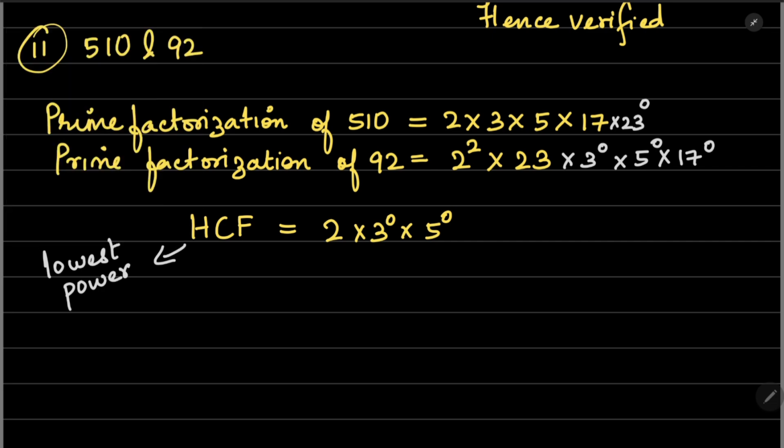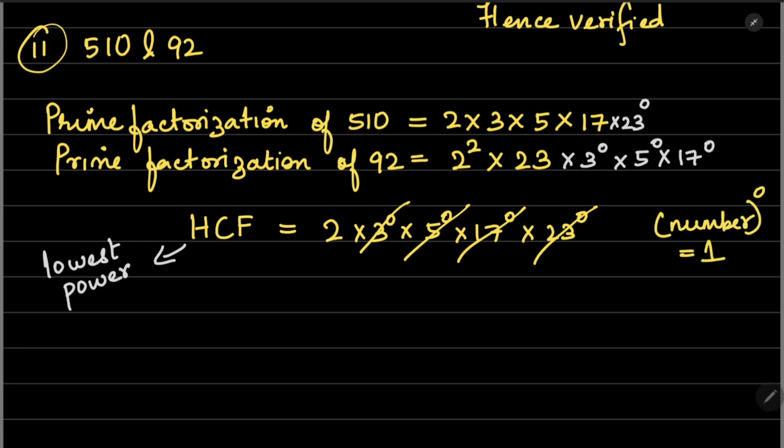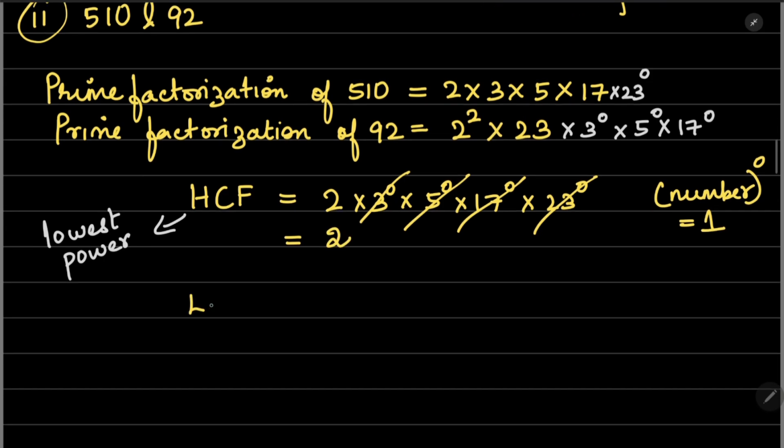For 23, 23 raised to the power 0. So all of these values, any number raised to the power 0 is equal to 1. So the answer is 2. HCF is 2.